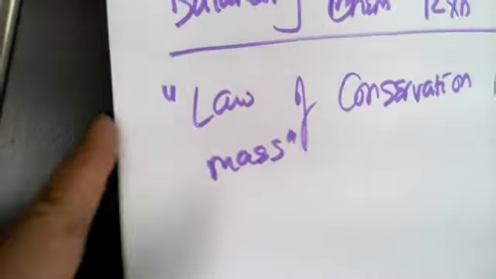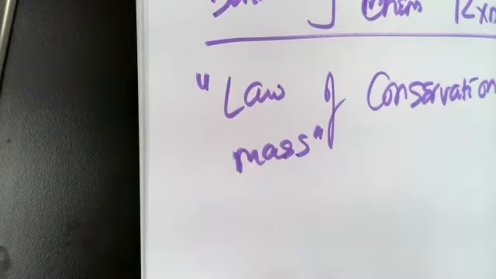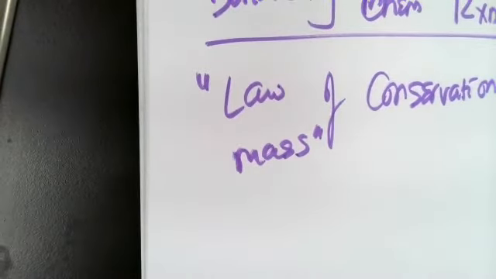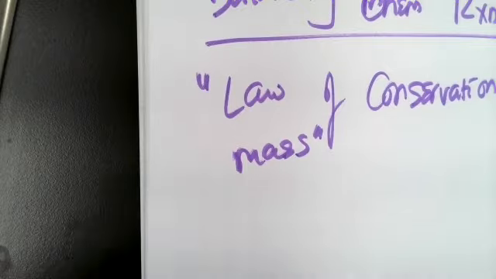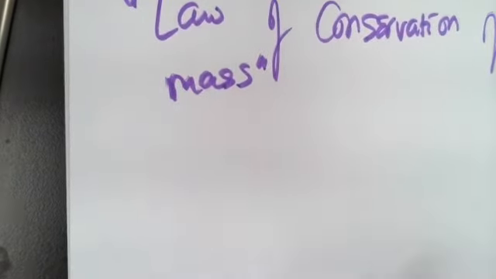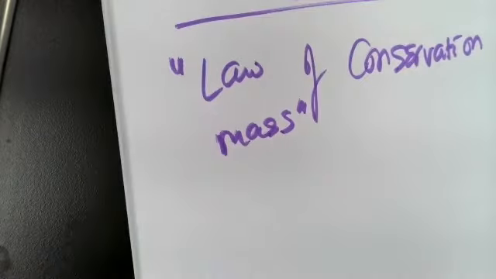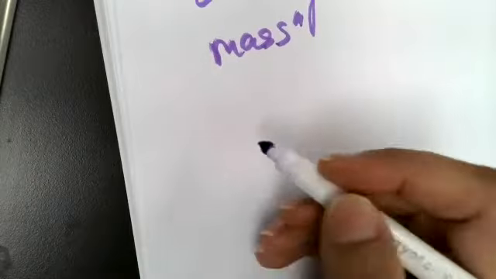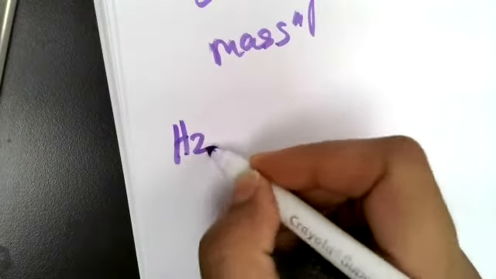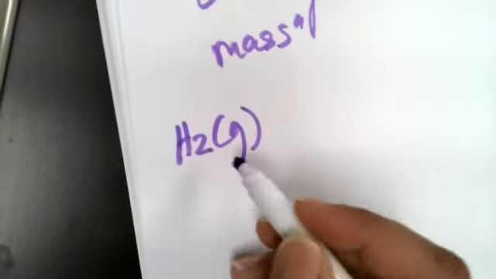Before I get into this more, I just want to get into an example. Let's start a chemical reaction. Something very simple, a synthesis reaction, where you take two hydrogen atoms in a diatomic molecule.